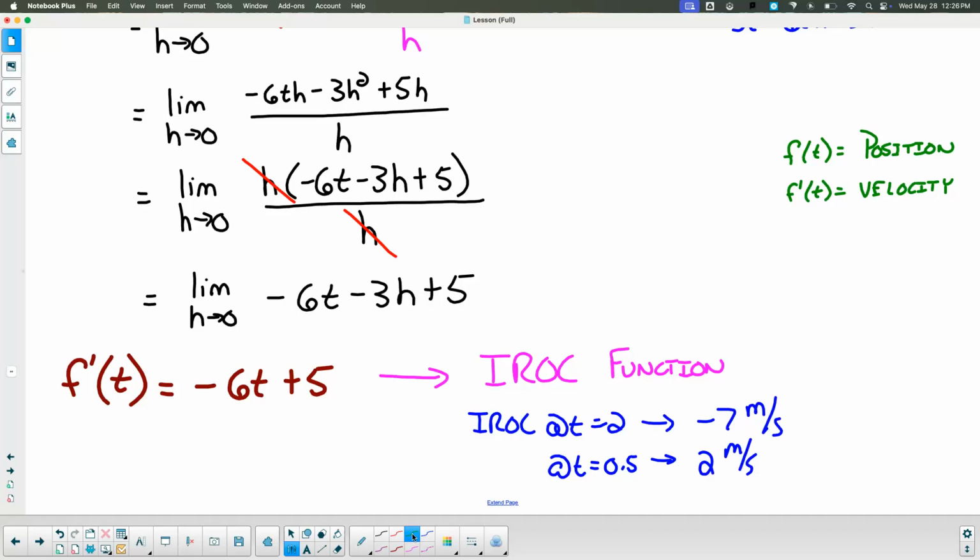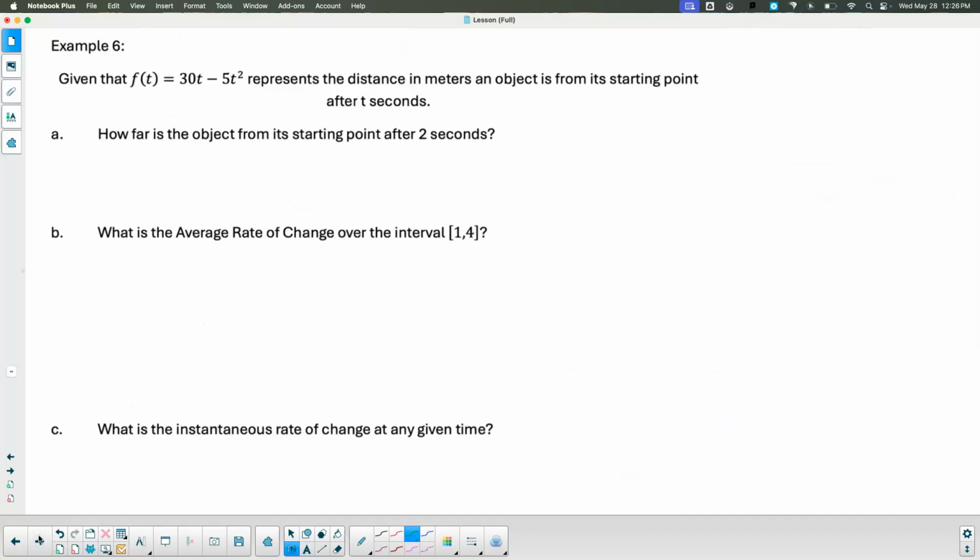Okay, so let's do example number 6, or I want you to do example number 6 now. So a new function, 30t minus 5t squared, and answer me those 3 questions. I think those are your only 3 questions for example 6. You don't have to scroll down.